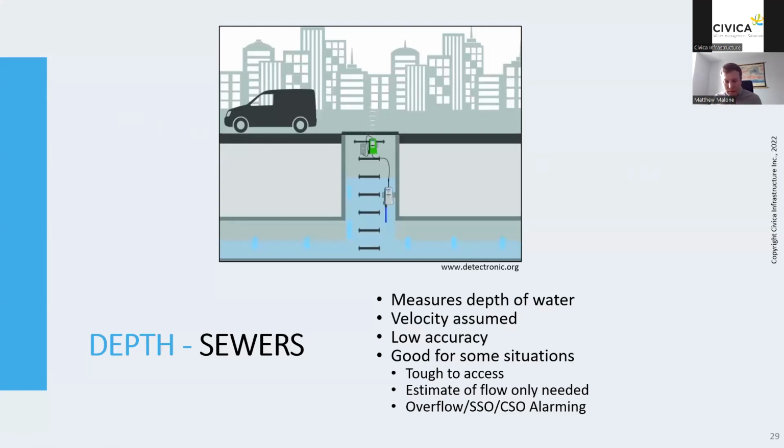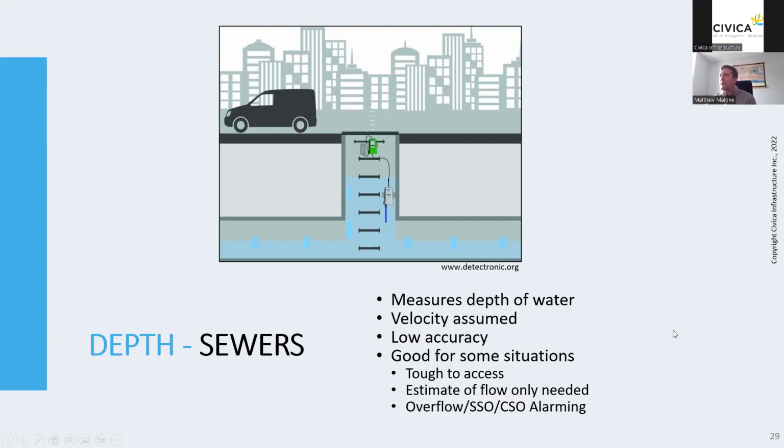When we're measuring flow in sewers, or in collection systems, there's a few things that we can do, and depending on the level of accuracy and detail and the ultimate end goal of that monitoring, we tend to measure a few different things, and in certain situations we might just measure the depth of flow.